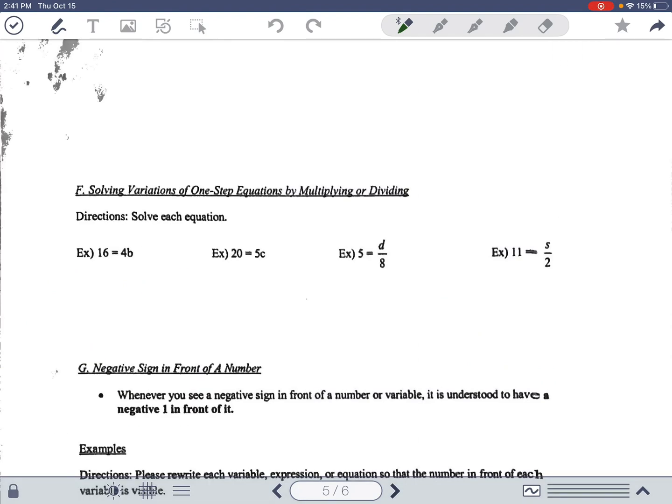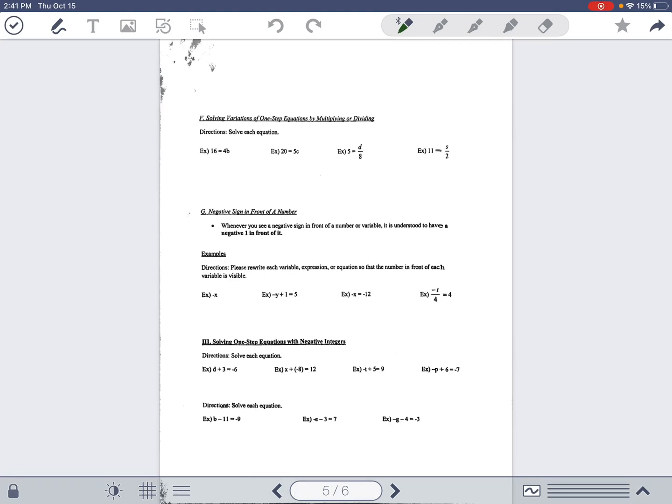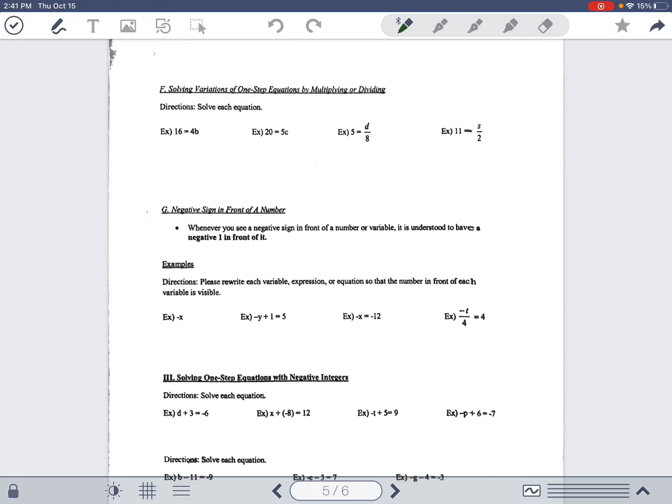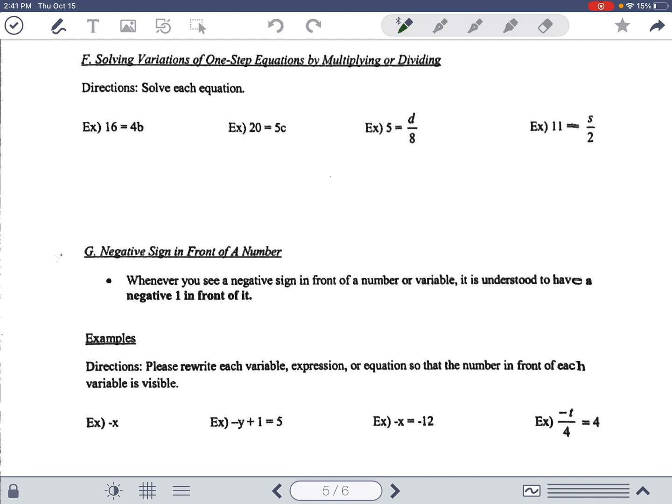Okay, so let's move on. We are going to solve some more equations here, some more examples for you. Solve each equation.